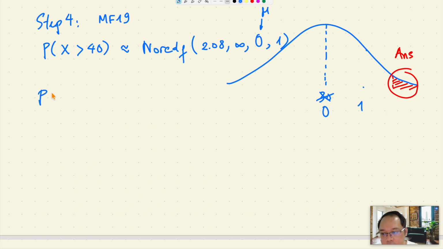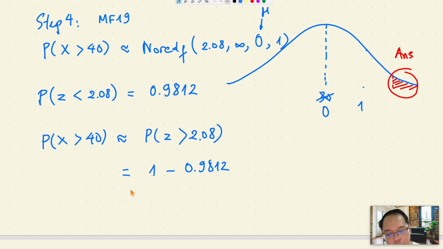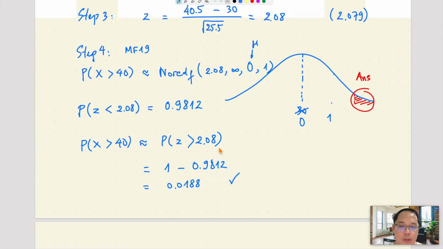The probability that I have a z value smaller than 2.08 from the MF19 table is 0.9812, and therefore our answer, the probability that x is greater than 40, approximately equal to the probability that the z value is greater than 2.08, is 100%, 1 minus 0.9812, and the answer is 0.0188. Okay, let me check the mark scheme.